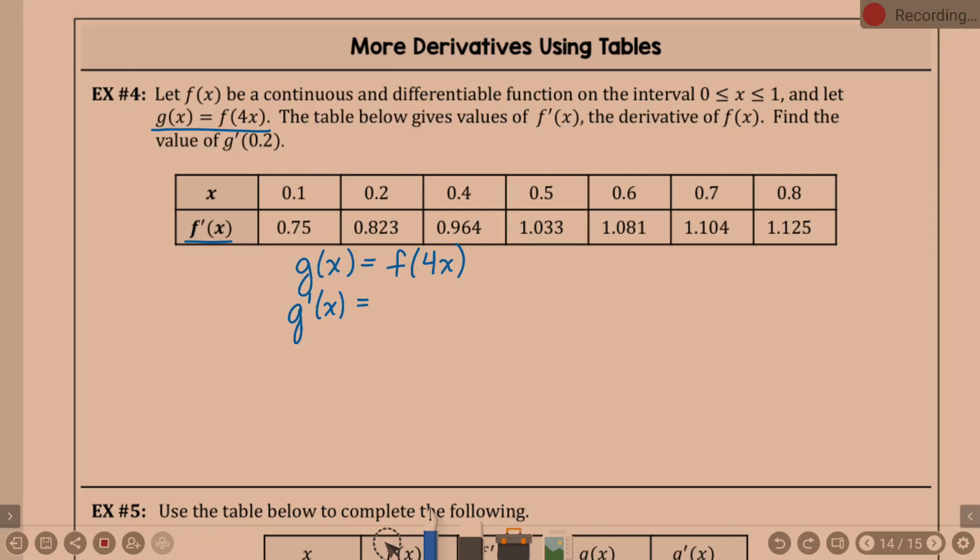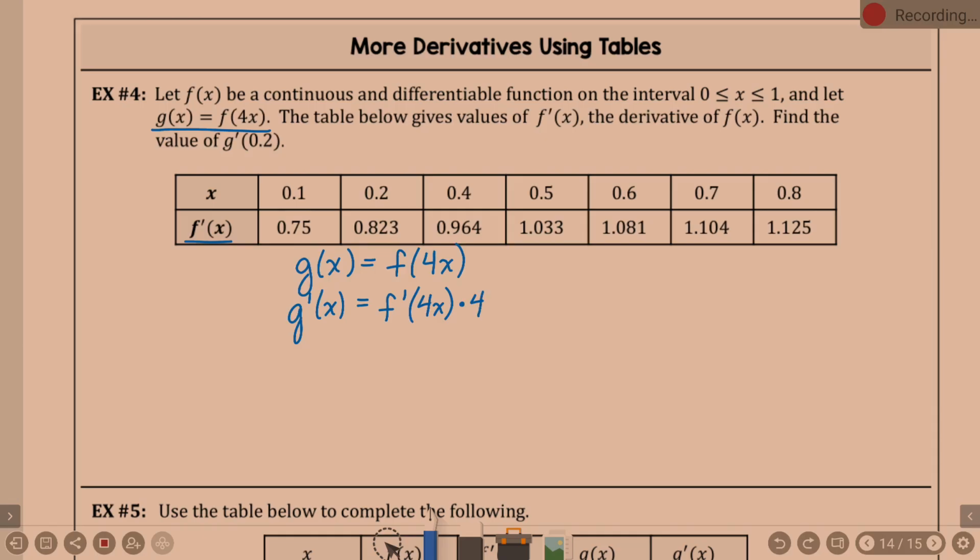If we're doing g prime of x, that means we're going to do the derivative of f of 4x. What's the derivative of f of 4x going to be? It's going to be f prime of 4x. And then what am I going to do? Times the chain rule, which says times the derivative of the inside, so times 4.